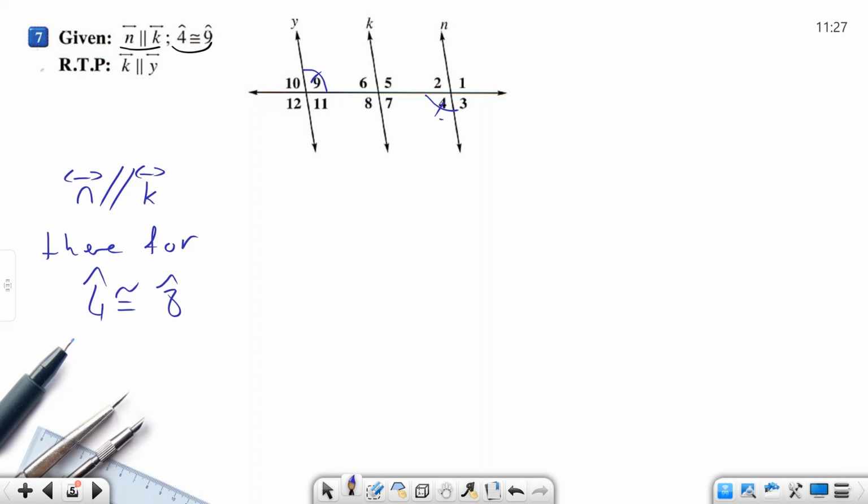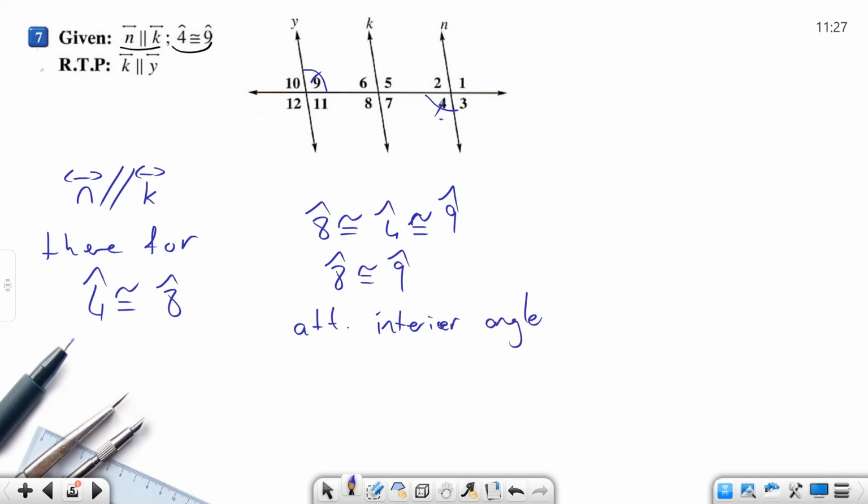And you know 4 and 9 have the same value, don't forget it. 8 is congruent with 4, and 4 is congruent with 9. Therefore, I can say that 8 is congruent with 9. So alternate interior angles are congruent.